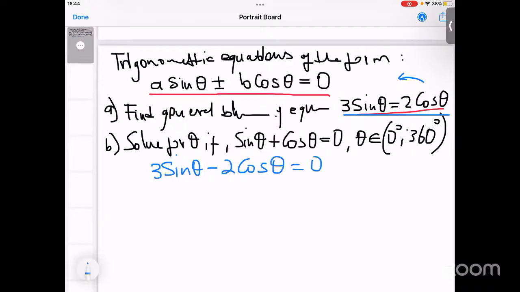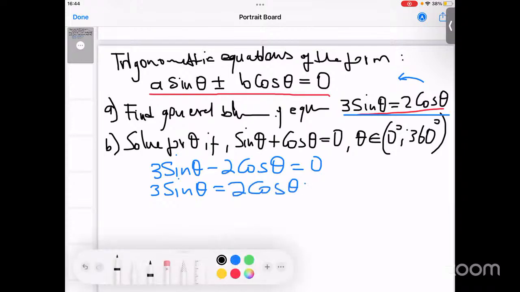Can you see it's in that format? So now you take this to the other side, it becomes exactly what you are given there, which is equals to +2 cos of an angle.